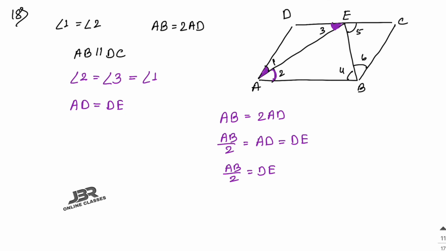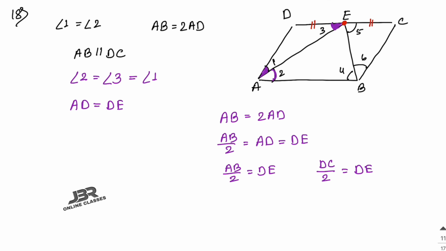So you can write DC by 2 is equal to DE. So that means E is the midpoint of the side DC. So DE is equal to EC.